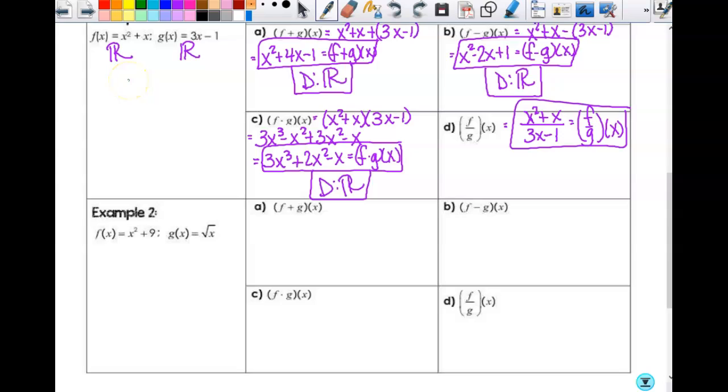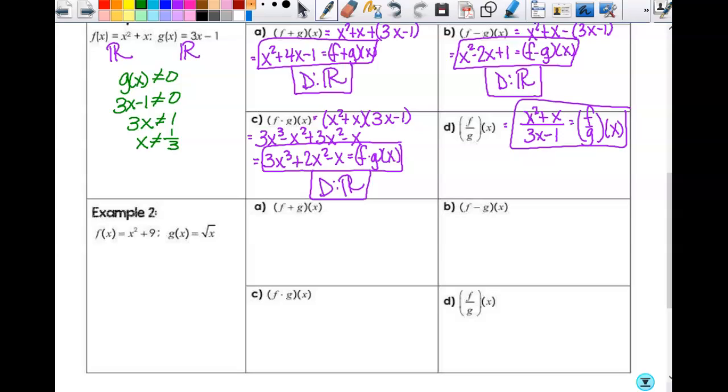So I know, since I have f divided by g of x, that g of x cannot equal 0, because I don't get to divide by 0. g of x is 3x minus 1. So 3x minus 1 cannot equal 0. That means that 3x cannot equal 1, and x cannot equal 1/3. Which, if I looked at the domain of just my final product over there, it would be the same thing.